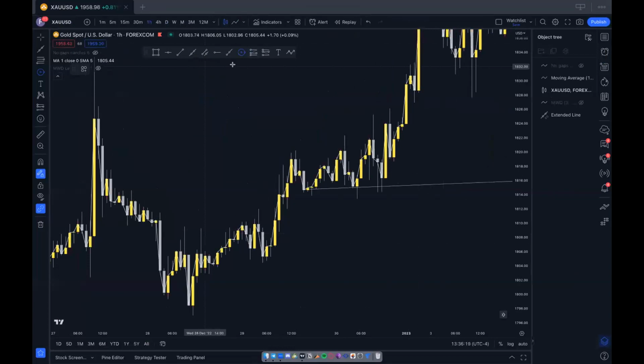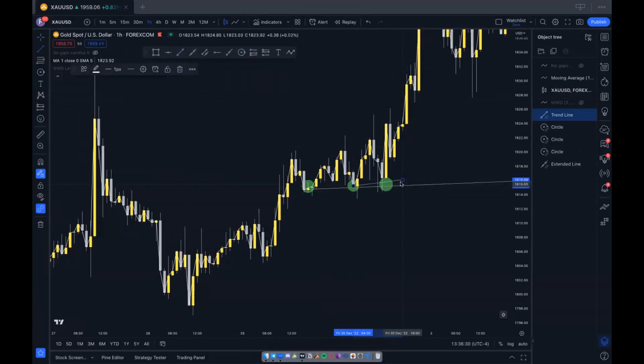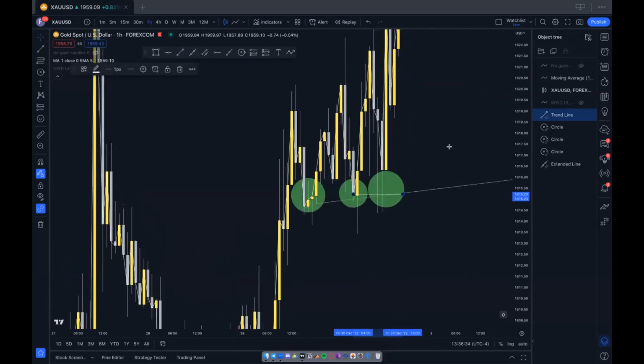All right, so this is TL type 1. Why this trend line? You have your classic SNR right here. Price jabbed into your SNR.